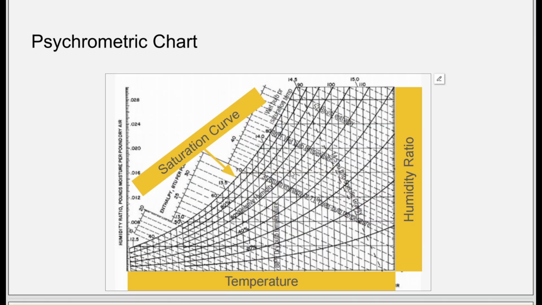So therefore my temperature is this temperature, and my enthalpy is, if I follow this line that slopes down to the right, follow your enthalpy line, that's your enthalpy. And you can also do the same thing to find what your wet bulb temp is. So point is, if you know two values, you can get everything else.